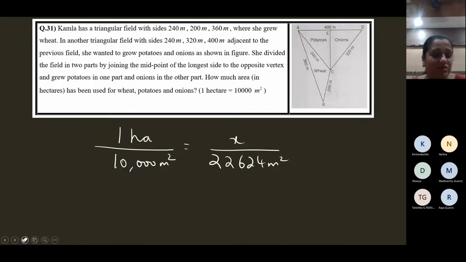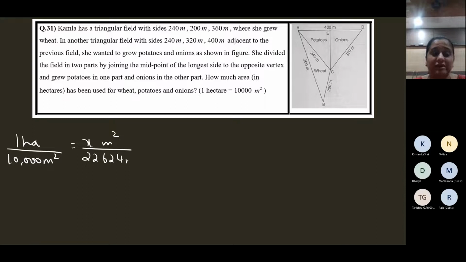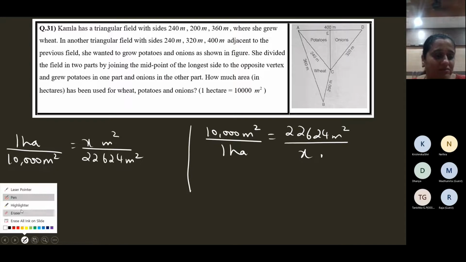I'll just rewrite the same thing, children. 1 hectare is 10,000 meters square. How many hectares is 22,624 meters square? You can write it like this, or you can write 10,000 meters square is 1 hectare. Then 22,624 meters square is how many hectares? Again, I went wrong writing.